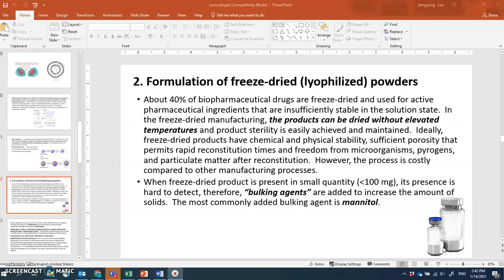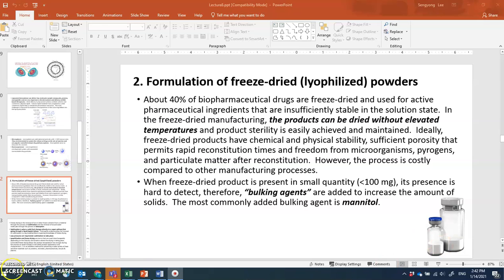But if you boil it, then your biological molecule will be denatured, so you don't want that. So instead, you freeze it first and then slowly dry it. So that's why it's called freeze drying process. Under the condition, water molecules that are crystallized can be vaporized directly. So that's the principle of freeze drying.